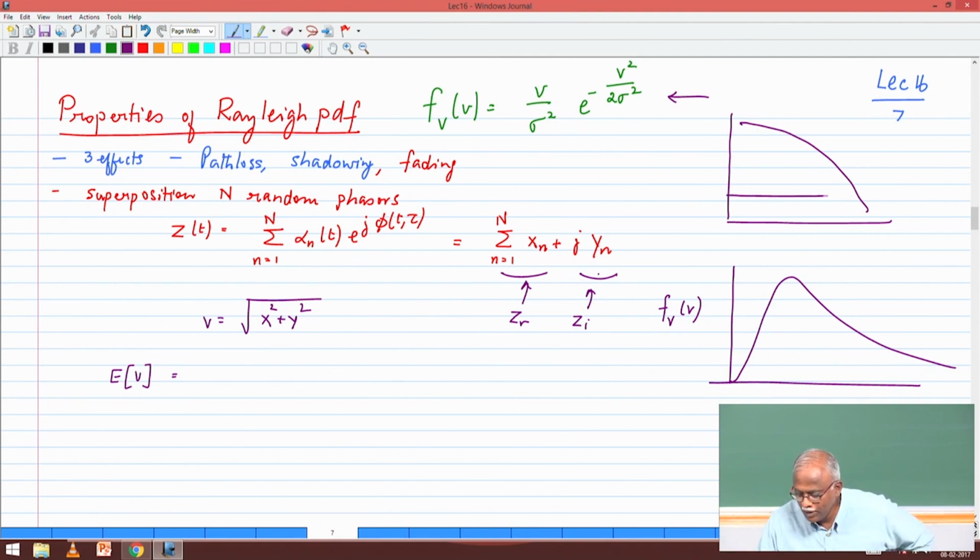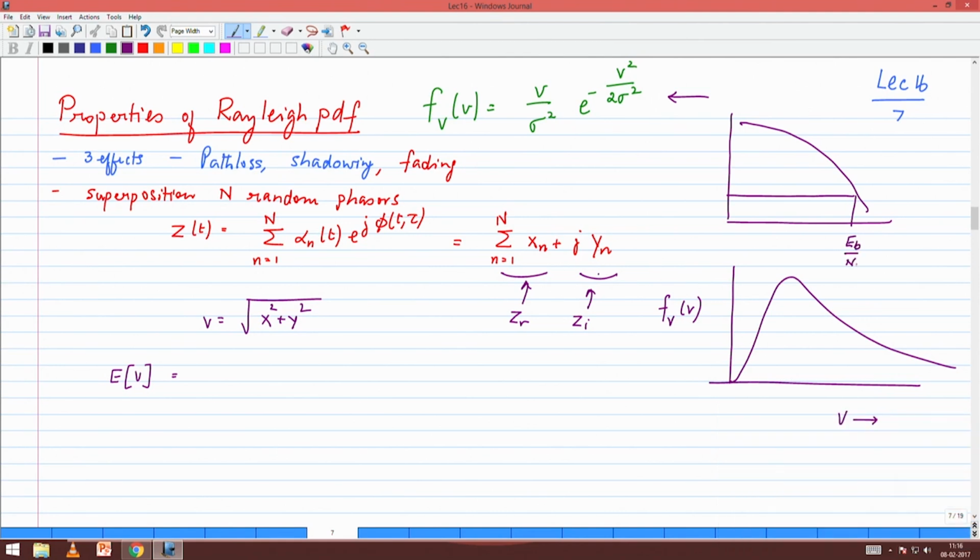So let us say that you had some value as you have defined as your Eb by N naught, and you are very happy with the BER that you have gotten. Now suddenly if I multiply it with mod z squared, and it happens to be a value that shifts it by 3 dB, what happens to your BER?